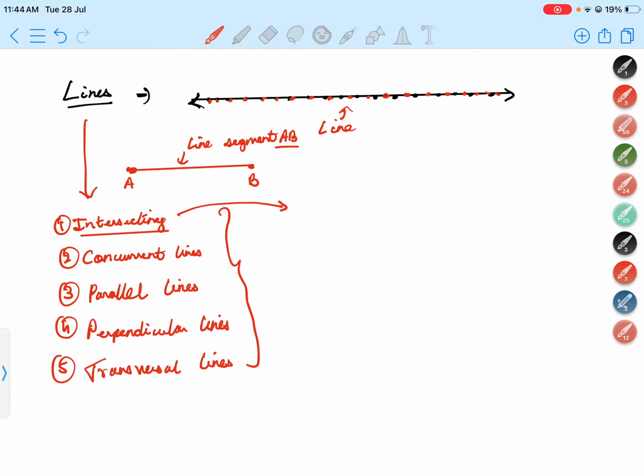Intersecting lines, as the name suggests, any two lines which intersect each other are known as intersecting lines. Let's say I have one line L1 and another line L2.